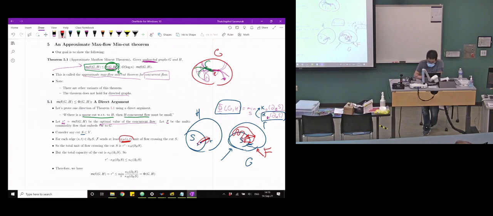So for each demand, it consumes the capacity of the cut in G by at least this much.